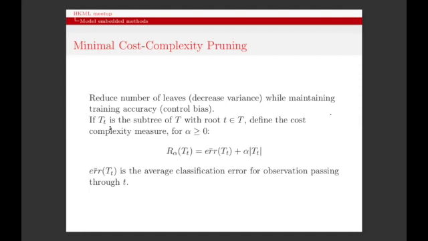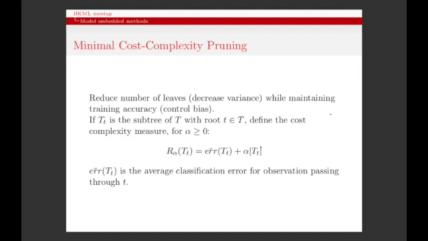If T_t is a subtree of T with root t, which is a node of T, the large maximal tree, we define the cost complexity measure for a given constant alpha greater than 0 by this formula, where the first term is basically the average classification error from the subtree, that is, for nodes in the subtree T_t, plus a penalty term that is given by the number of leaves.